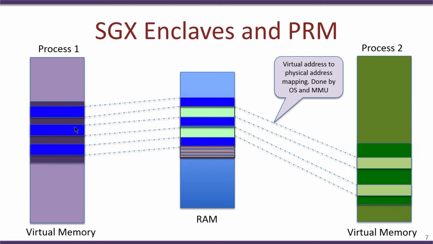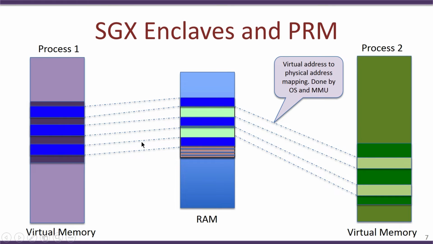Each process has its own virtual address space, and within this virtual address space each process could have its own enclave. Per process you could have one or more enclaves, or you could also have a process without any enclaves. You would now have a mapping for these enclave regions within the virtual address space to this PRM region in the RAM.